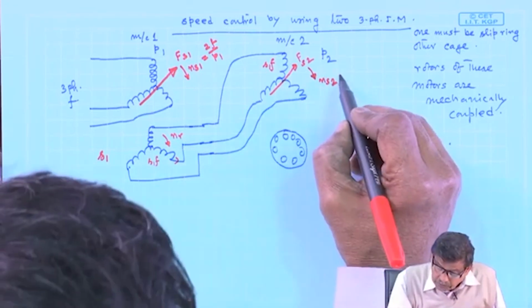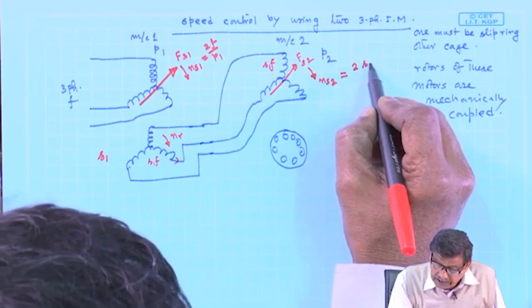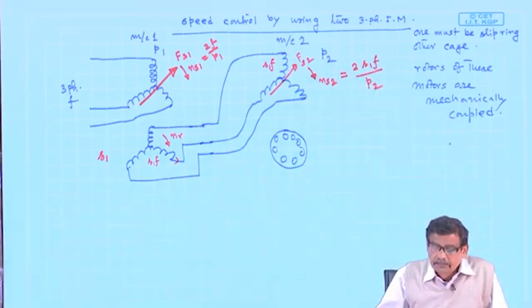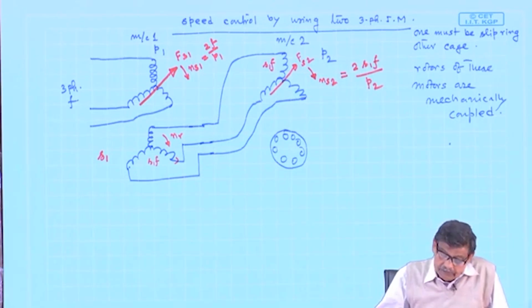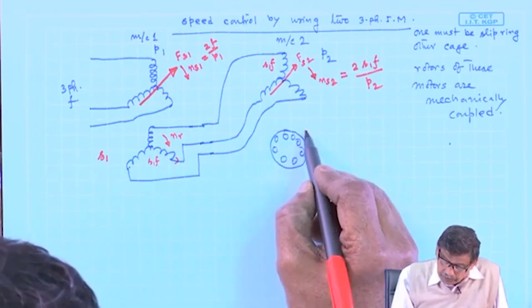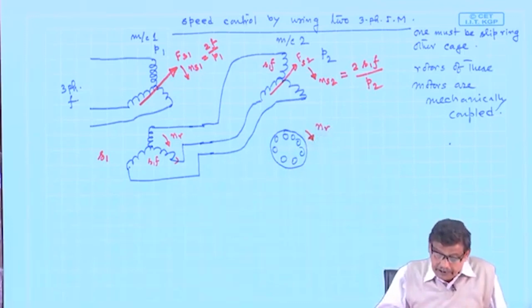What will be the value of this synchronous speed? It will be 2f, but f is S1 f, by P2. This will be the speed. Now, the rotor speed, of course, because they are coupled, is the same; they cannot change.